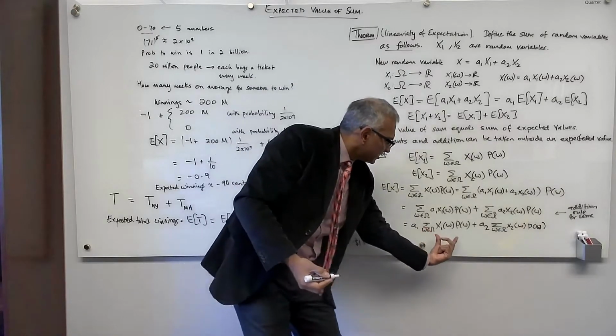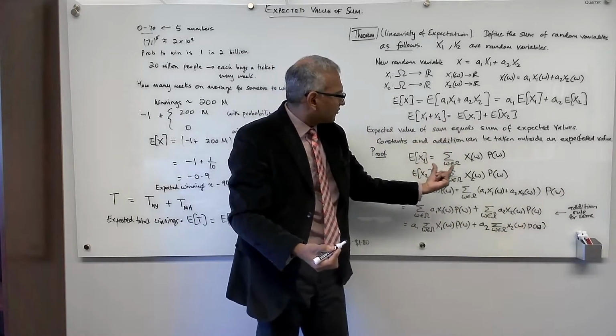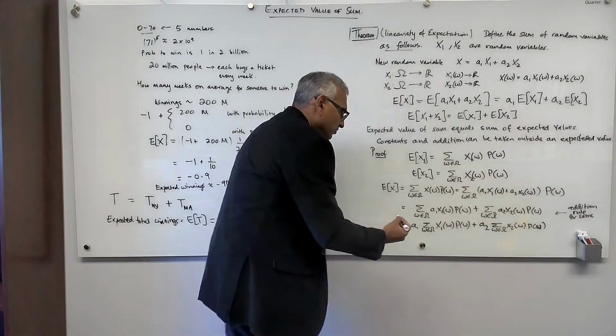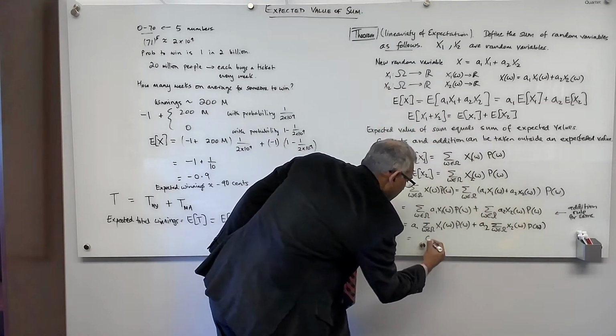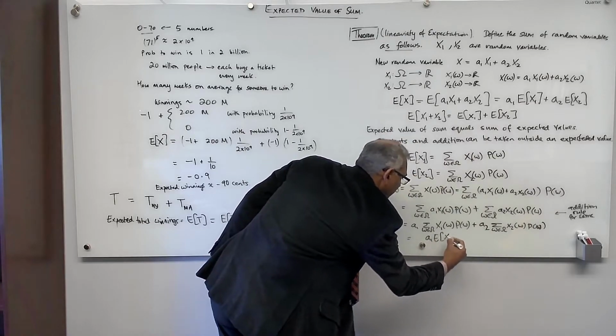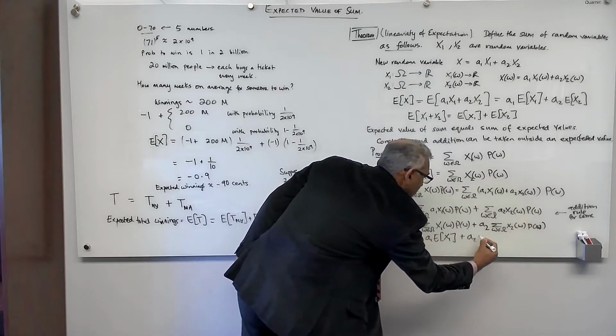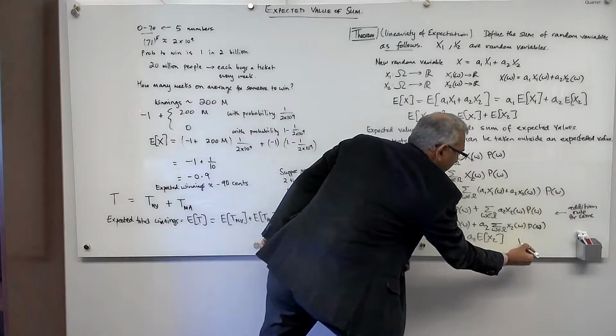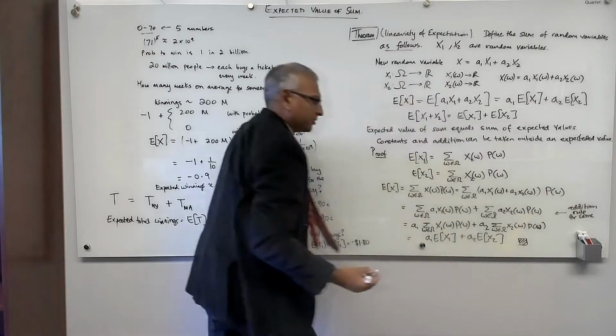Now I see here I have the expected value of x1, and here I have the expected value of x2. So this is just equal to a1 times the expected value of x1 plus a2 times the expected value of x2. And that's the end of the proof.